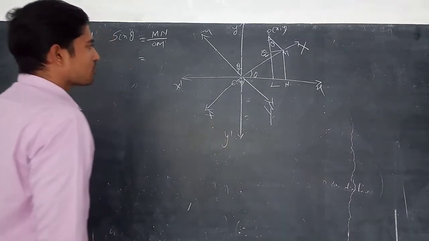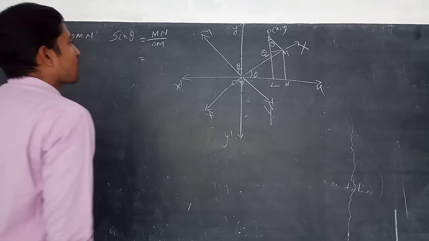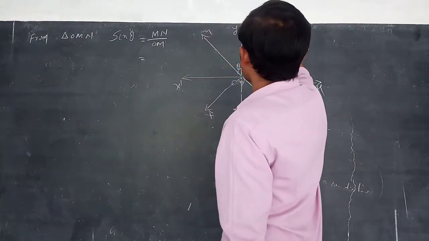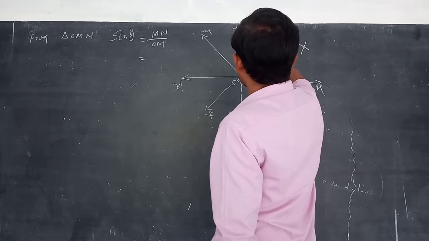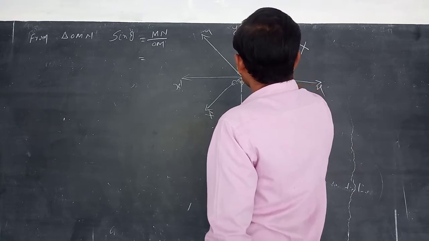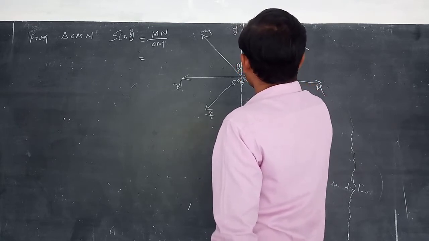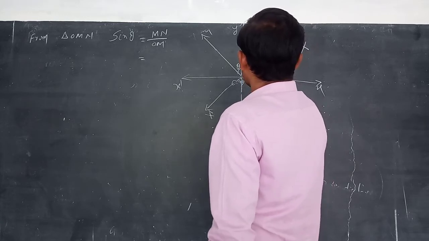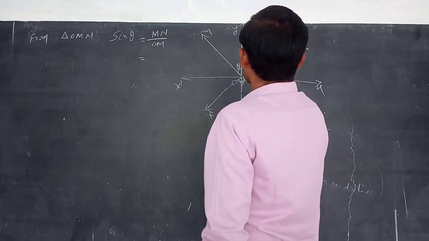Here MN equals the coordinates. Suppose PL is y and this is x, right?